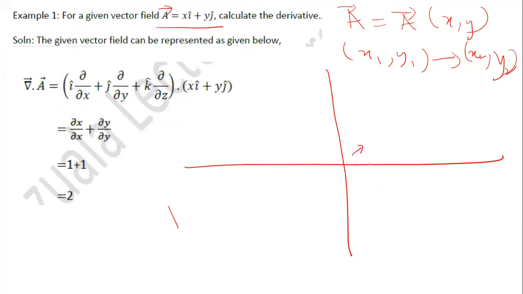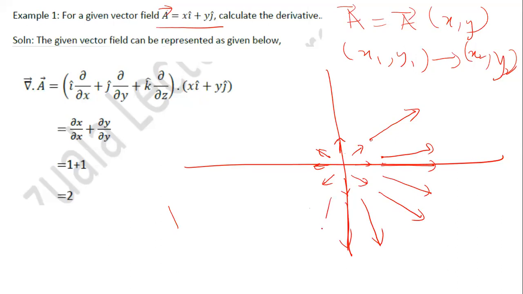Closer to the origin, you have a smaller vector like this. But if you move away from the origin, the vector magnitude becomes larger, something like this. If you construct all the vectors in this two-dimensional space, what you will have is something like this.